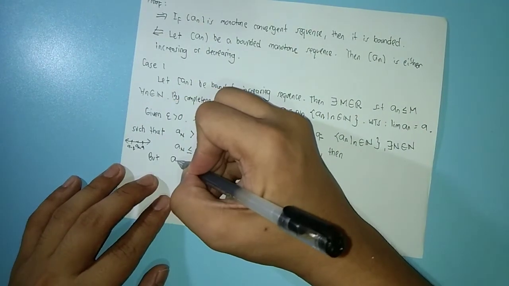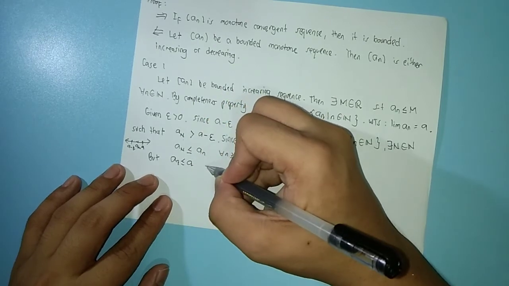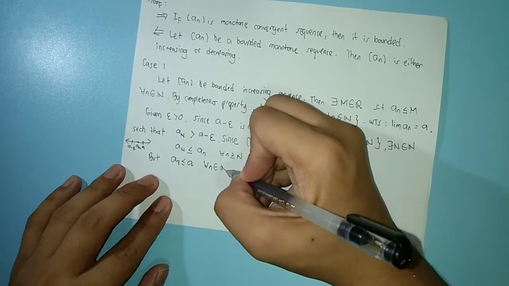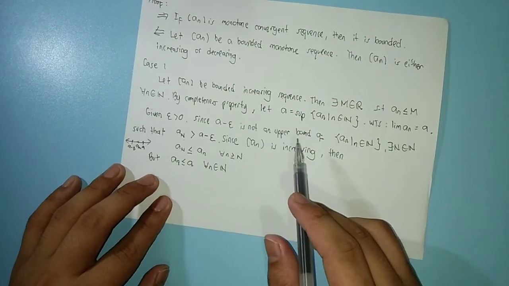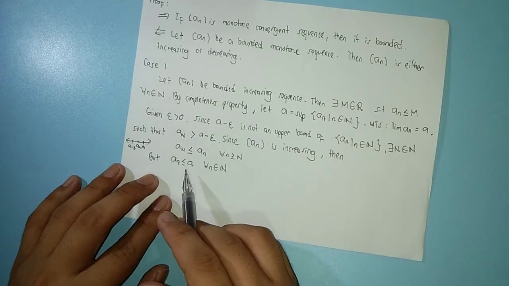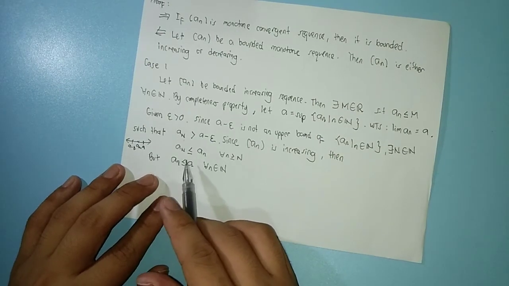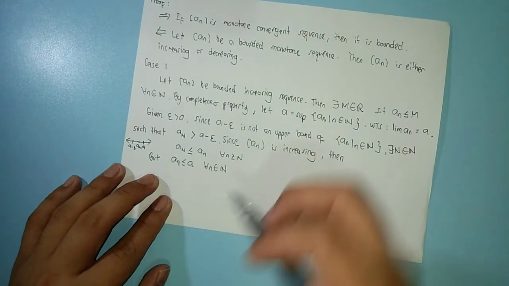But a sub n is less than or equal to A for all natural number n. Tama? Kasi yung ating A ay upper bound or siya yung ating supremum. Then, by definition of upper bound, ay yung a sub n ay less than or equal sa A for all natural number n. Okay?